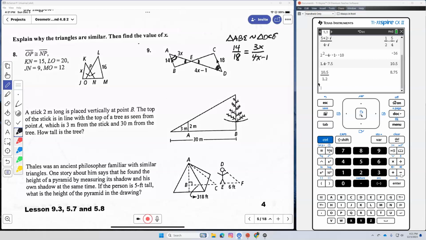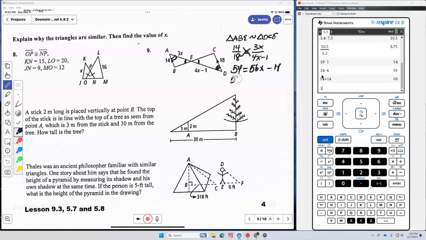And then we're going to cross multiply. So we have 18 times 3, which is 54, and then we have 14 times 4x minus 1, so we multiply 14 times 4x and 14 times negative 1.